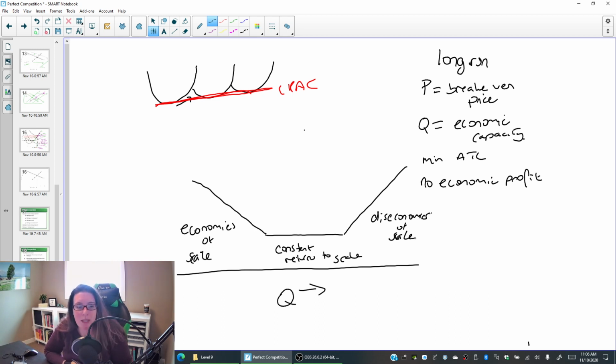Well, how does that relate to a perfectly competitive market? We said in the long run, in a perfectly competitive market, we end up where? We end up at the minimum ATC. Okay? We end up at the quantity that is the most efficient. The quantity that makes the business the most efficient. So according to our graph here, in the long run, in a perfectly competitive market, where does your business end up?